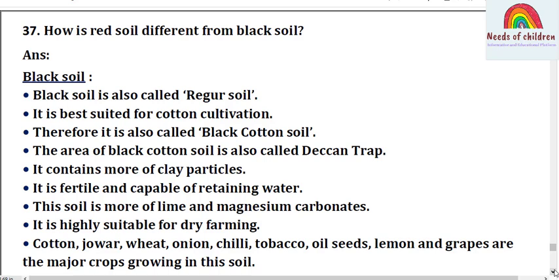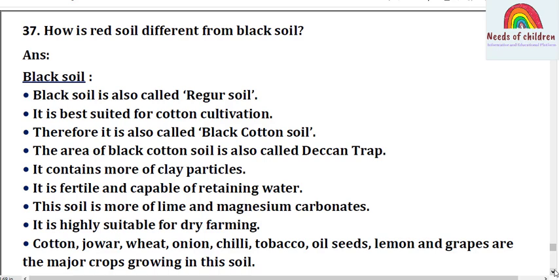Black soil is also called regur soil. It is best suited for cotton cultivation, therefore it is also called black cotton soil. The area of black cotton soil is also called Deccan Trap. It contains more clayey particles. It is fertile and capable of retaining water. The soil has more lime and magnesium carbonates.